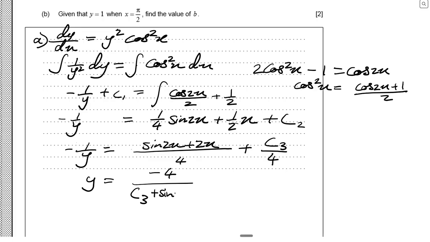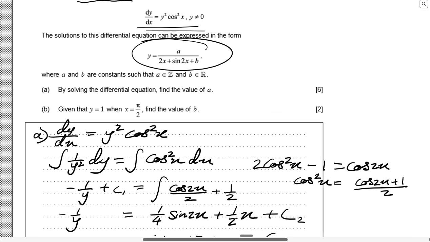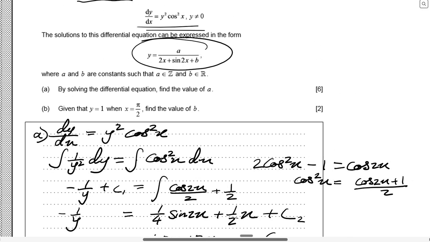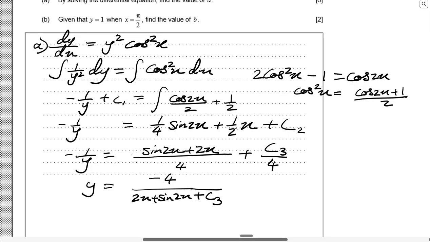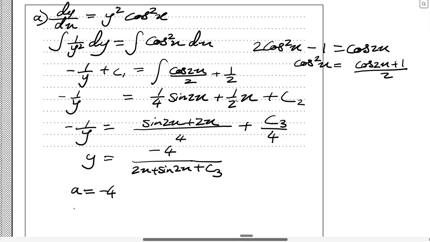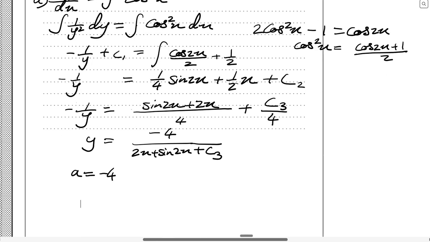Plus sine 2x plus sine 2x plus c3. And our c3 is b, and our a is negative 4. So a is equal to negative 4, b is equal to c3. So we can just write that as b.